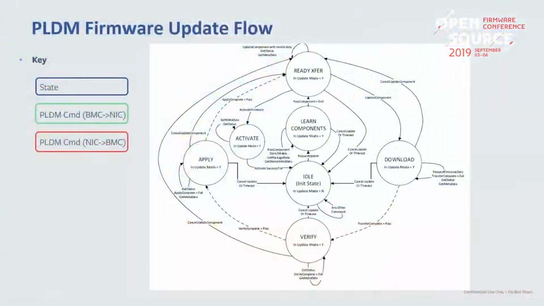Here is the PLDM firmware update protocol as defined by DMTF. For firmware update, both the BMC and the device can send commands to each other, and both need to keep track of which state we are in. I tried to color code this a little to help us walk through it.